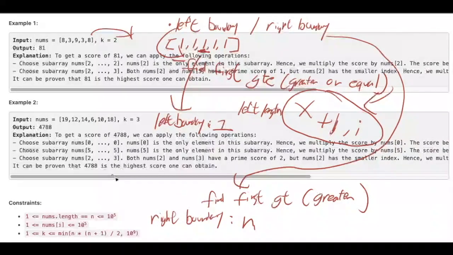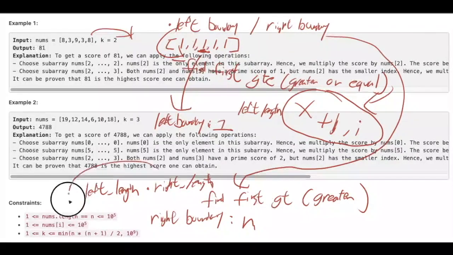So the main idea is that there is a left length. The subarray size on the left doesn't matter with the subarray size on the right. That's why we can take this left length and multiply it with the right length, and that would be how many times this 9 can be used.